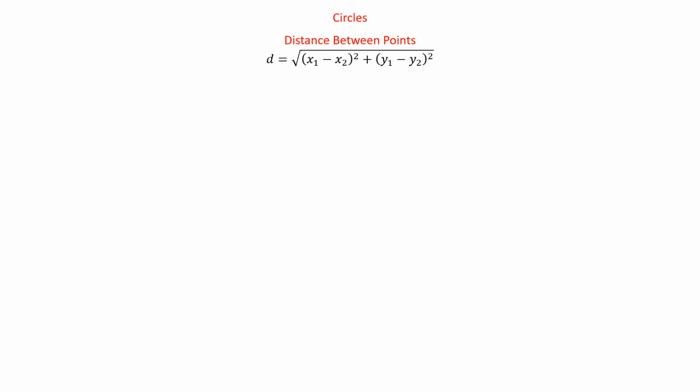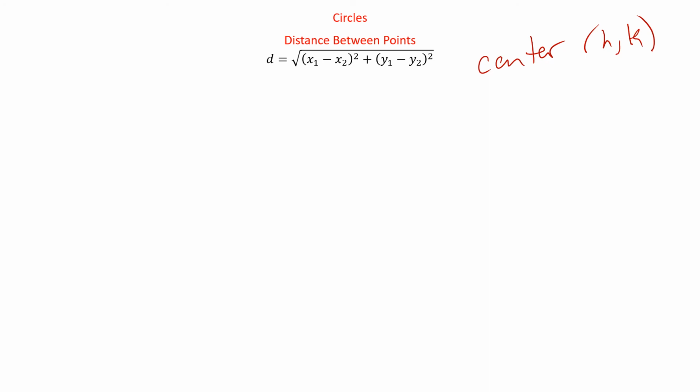All right, so a couple things that we have to do here. One, the center point, the point that we are always focusing on, that's going to be part of the distance to all of them. We're going to give that a name. Let's call the center h, k. Why do we use the h and k? Not entirely sure, but it is a fairly standard thing for the center.